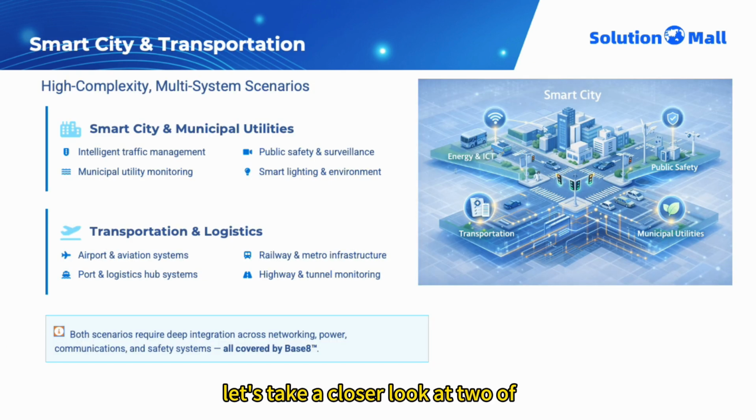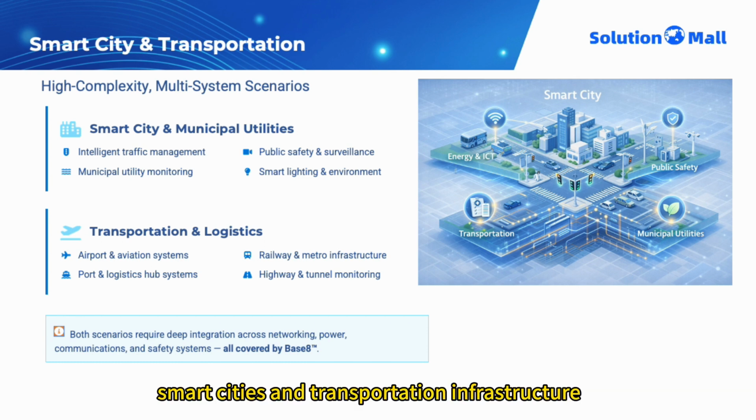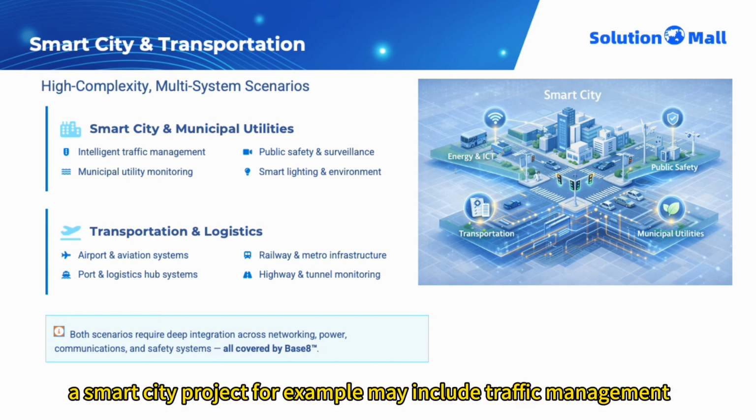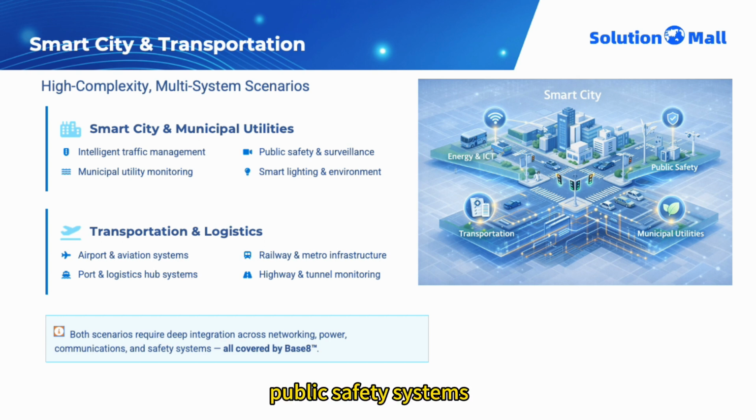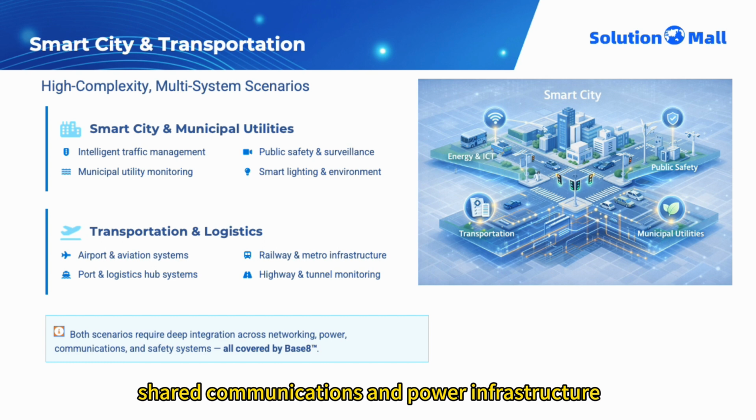Now let's take a closer look at two of the most complex environments: smart cities and transportation infrastructure. These are environments where multiple systems must operate together. A smart city project, for example, may include traffic management, public safety systems, utility monitoring, and smart lighting networks, all running on shared communications and power infrastructure.